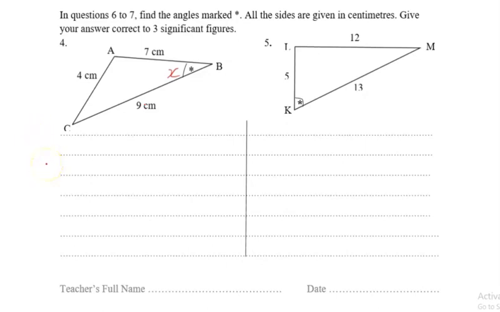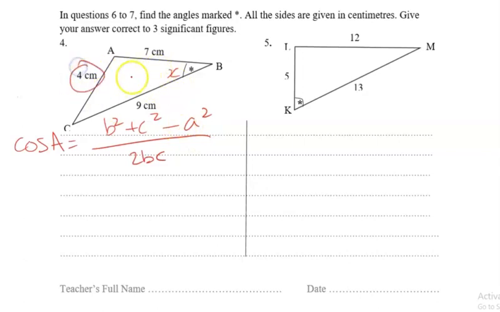So it's a lot easier to work out the missing angles if you memorize this formula here. So cos A equals B squared plus C squared minus A squared divided by 2BC. Now remember, A is the side opposite the angle we're using. So it's going to be 4 centimeters because it's opposite this angle.